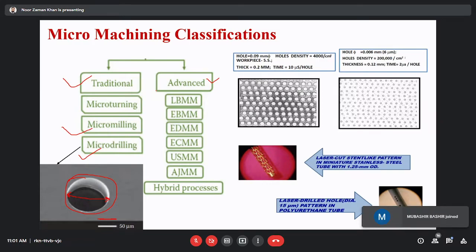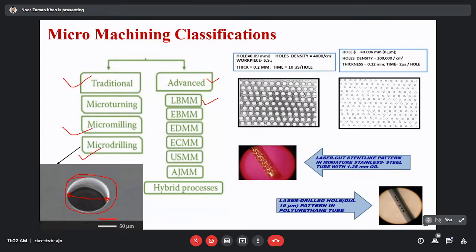If you talk about various advanced machining processes, take the example of laser beam micromachining. Laser beam micromachining generally uses different types of pulses: a long pulse, a short pulse, or an ultra short pulse.